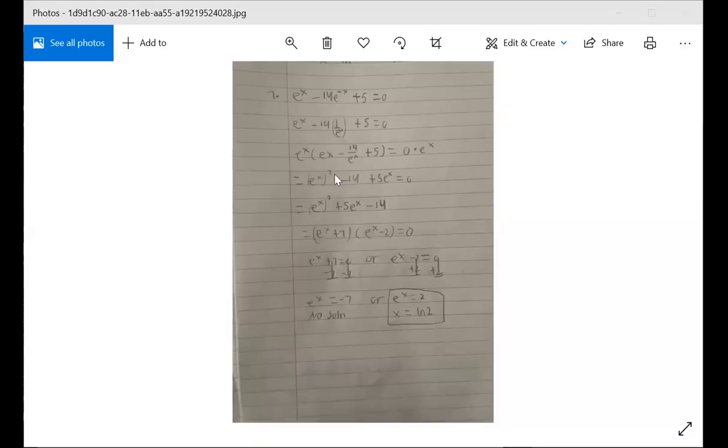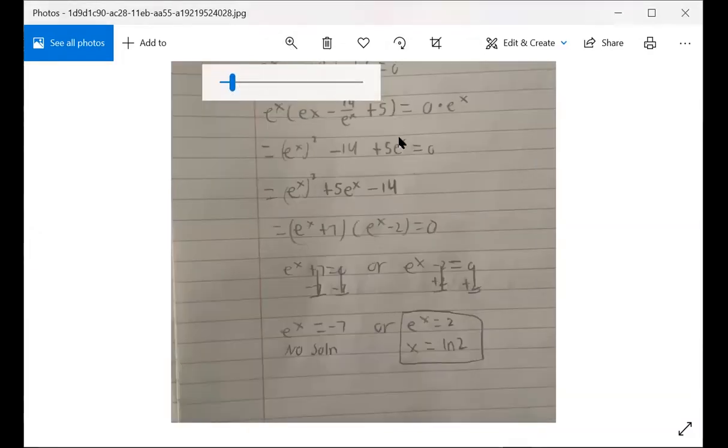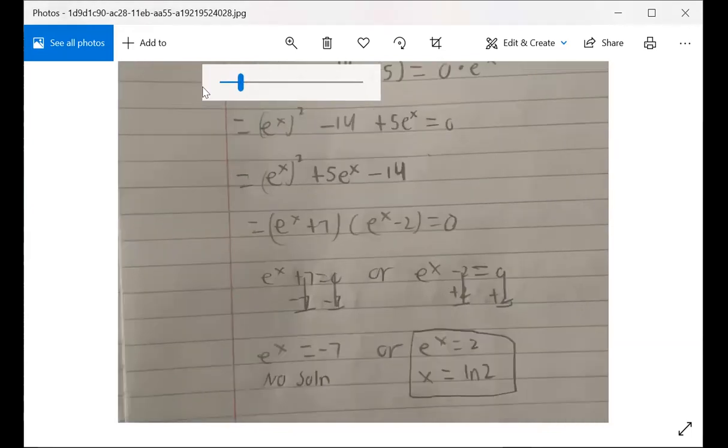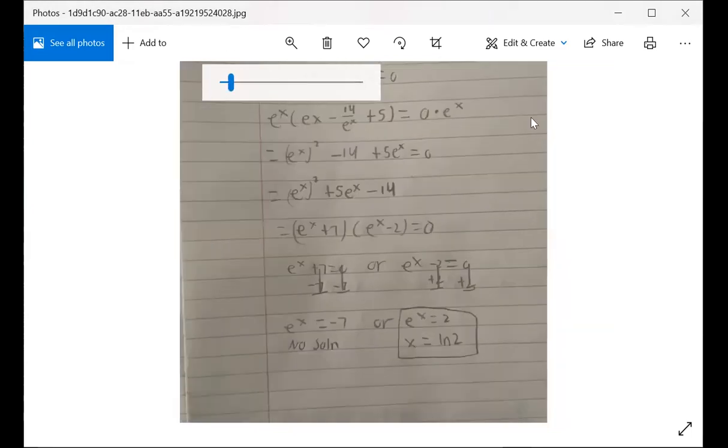Does everybody see it? I can make it just a little bit larger. Keep them on the same page.